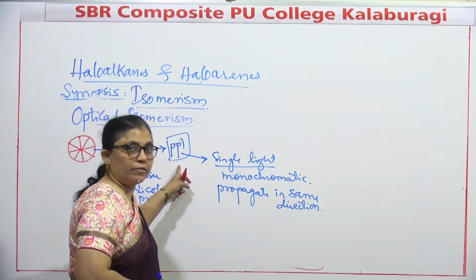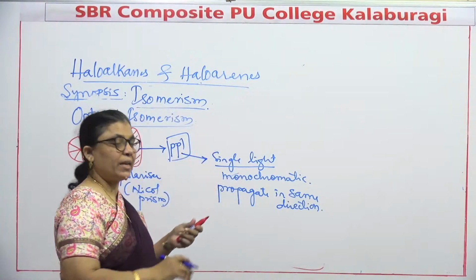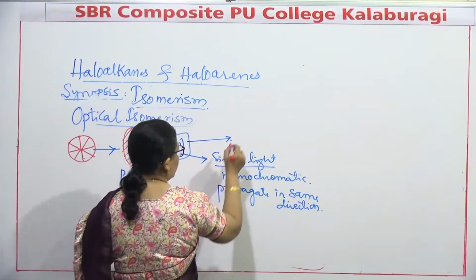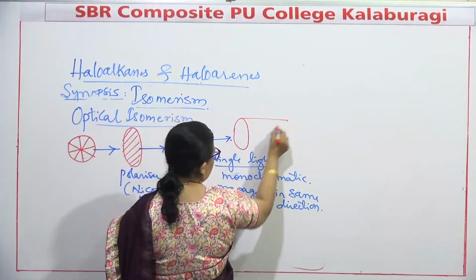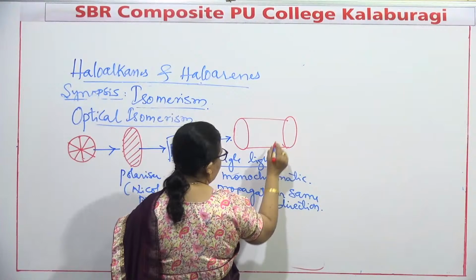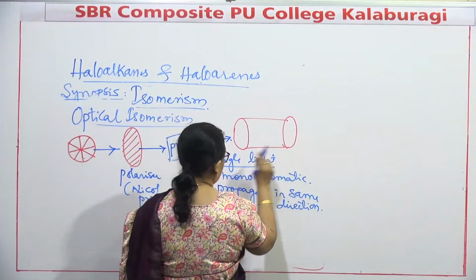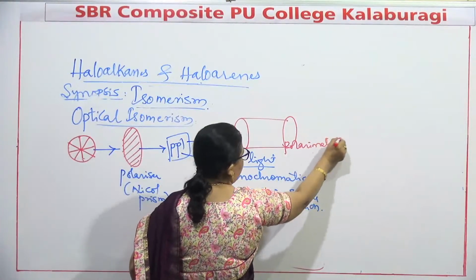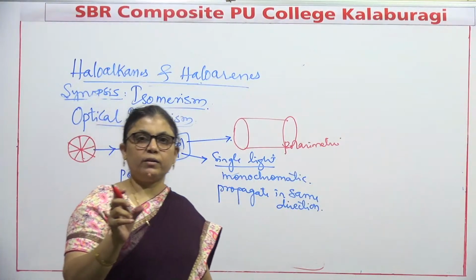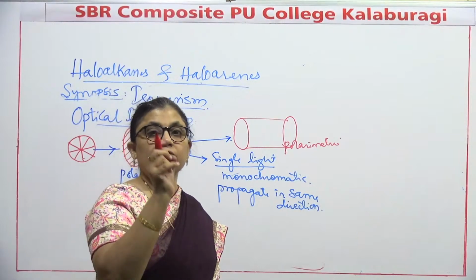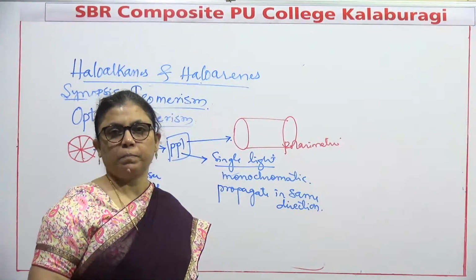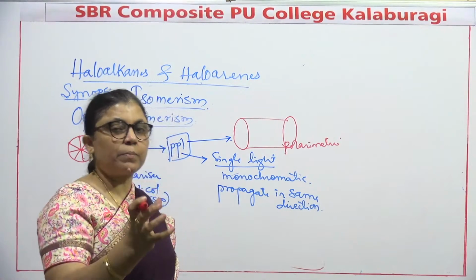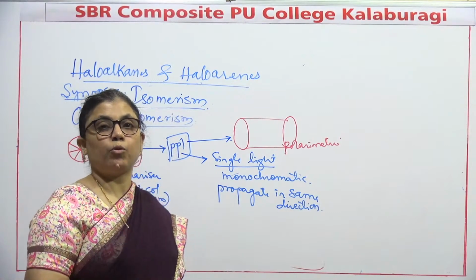And this plane polarized light will pass to a polarimeter. This is a polarimeter. The polarimeter is the instrument which helps to find out the specific rotation of a molecule, at what angle a particular substance rotates the plane polarized light.